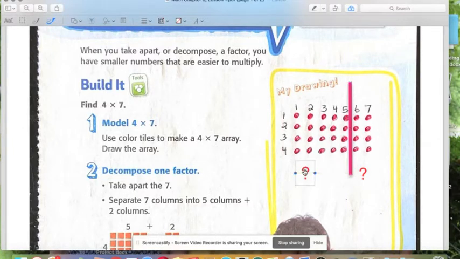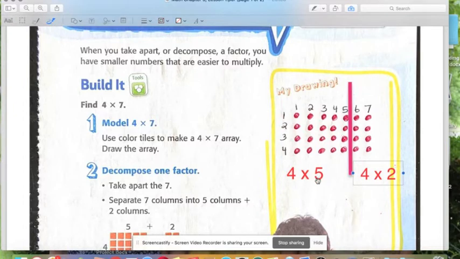So on this side, I have 4 rows times 5 columns. And on this side, I still have 4 rows, but now I only have 2 columns. Much easier multiplication to do.